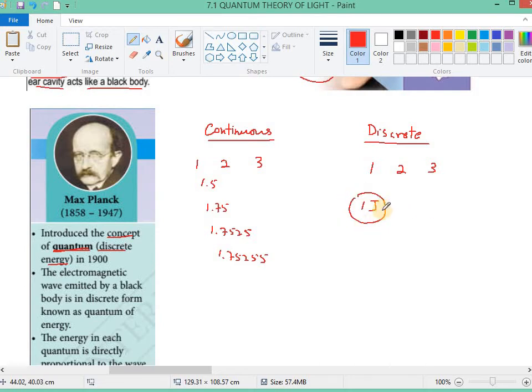That means every time you transfer energy, it will increase by 1 joule. 1 joule transferred, it increases by 1 joule.